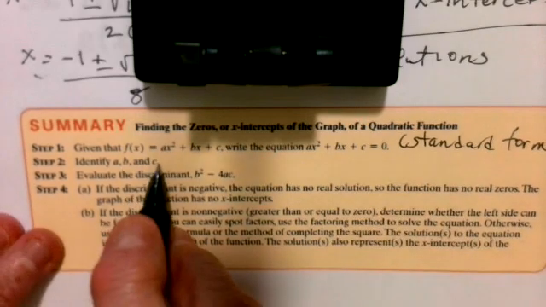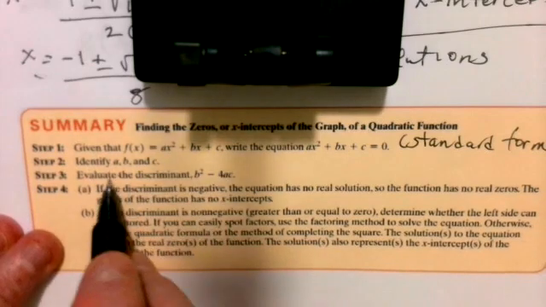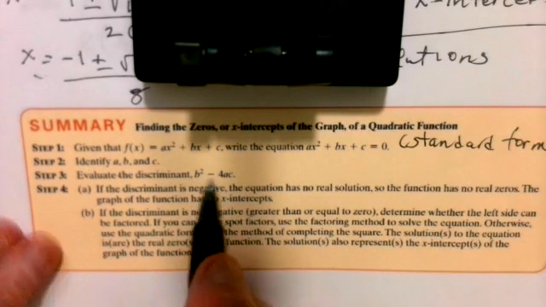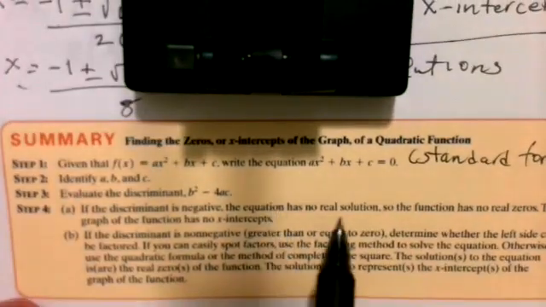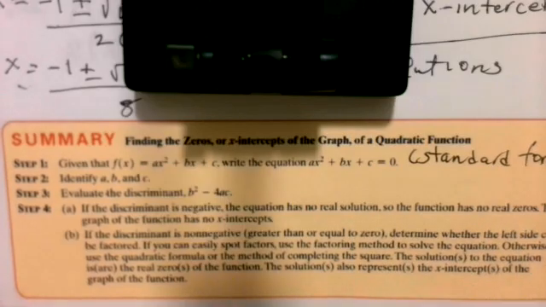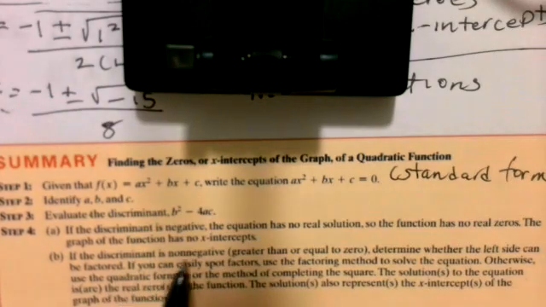You want it in this form. Identify A, B, and C, and I write it out, like I wrote A equals, B equals, C equals. Evaluate the discriminant, because this will tell you whether you really need to go any further. If the discriminant is negative, the equation has no real solution, so the function has no real zeros. The graph of the function has no x-intercepts.